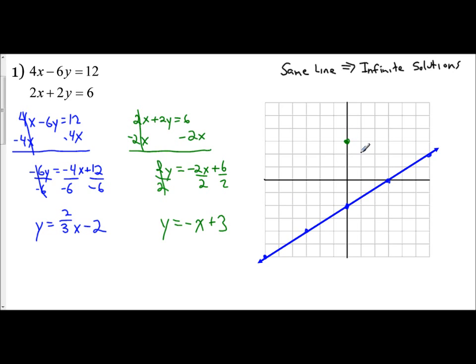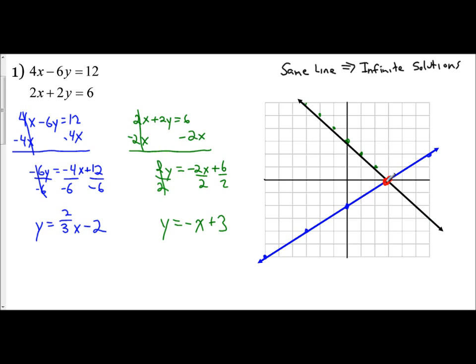Now I can go down 1, right 1. I could also go up 1, left 1 across the whole graph as well. Now if I were to continue this pattern of down 1, right 1, look at what happens at this point. You actually see an overlapping occur at that point on the graph. So if I were to sketch this graph, I can see this is my point of intersection.